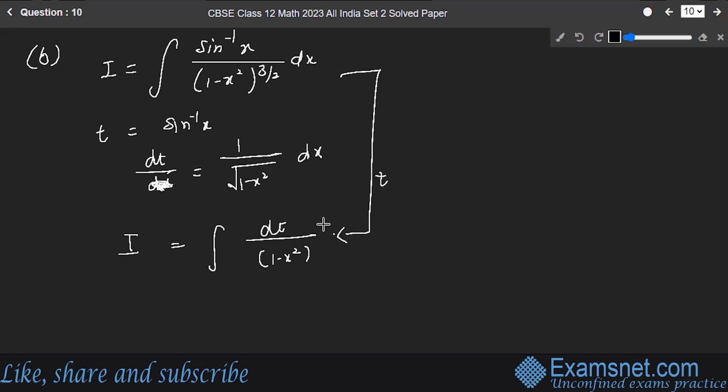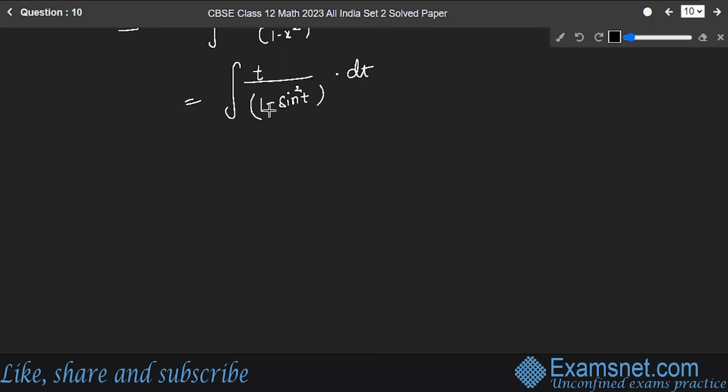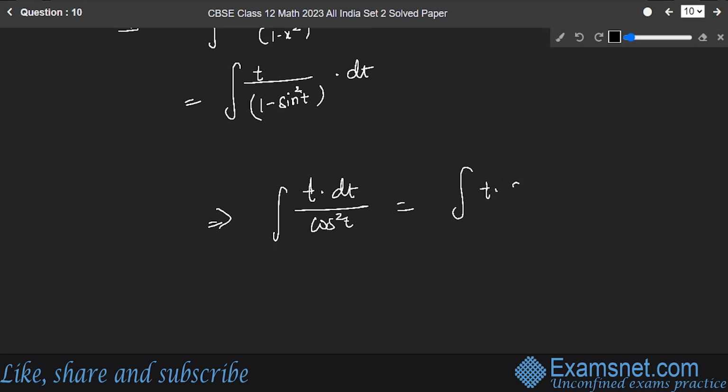Okay, so now this is equal to t upon (1 minus sine square t) into dt. Now that is equal to t into dt upon cos square t, which is equal to t into secant square t dt.